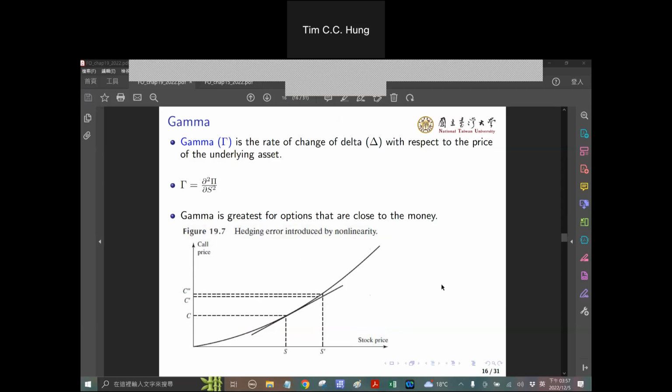Because when the stock price moves, the value actually increases at a speed higher than the slope. So basically, the value of gamma helps us capture that curvature. Why do we need to care about this?